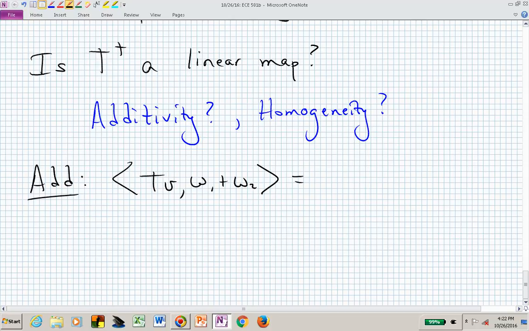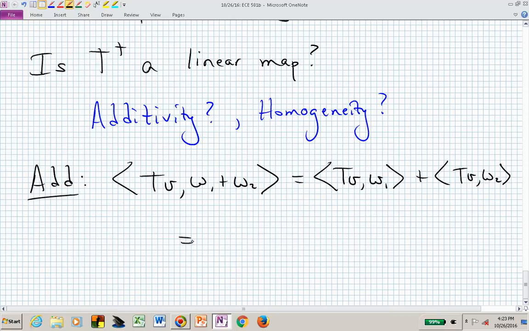Really I'm just trying to split up the W1 plus W2 and make two inner products. What do I know about the additivity property of the second slot? Does it change anything? Is it okay? It just goes through straight, doesn't it? So the additivity of the second slot allows us to write TV inner product with W1 plus TV inner product with W2.